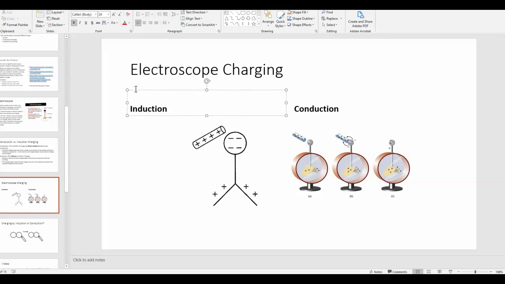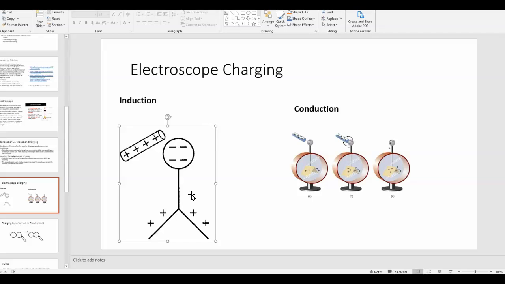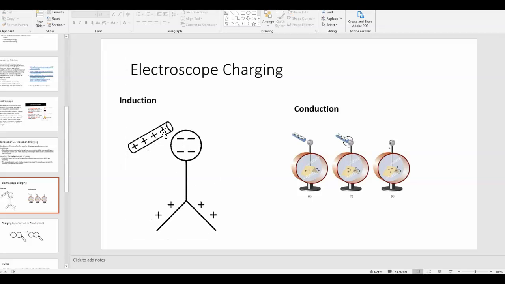Okay, so here is a nice picture showing you induction at work. Let's say you have a rod, and the rod has a positive charge. Why does it have a positive charge? I don't know. Maybe you rubbed it on your sweater, charged it by friction, whatever. This is an electroscope. That's the metal ball, and these two lines at the bottom are the leaves.